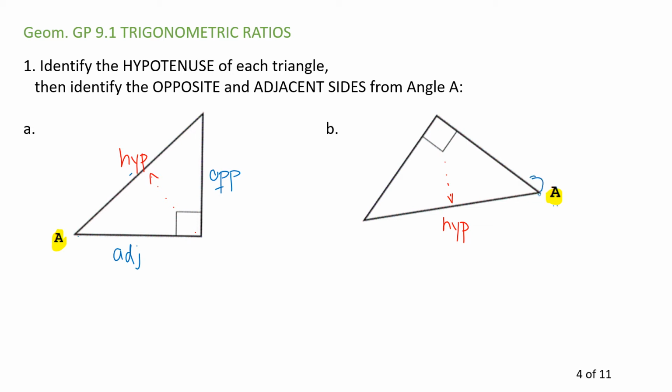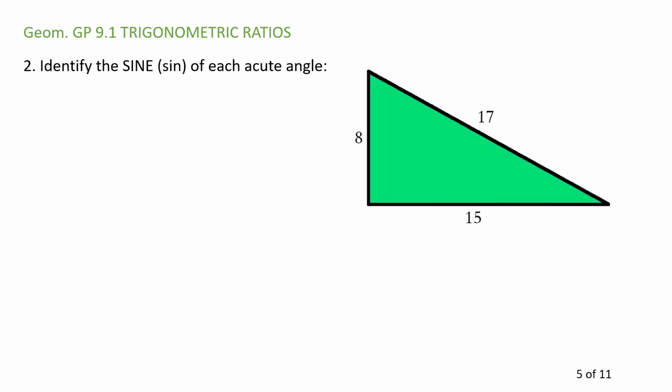That means this side right here is attached. It's the adjacent side. And then the side that's over on the other side becomes my opposite side. Keep in mind that if you switch positions and move to the other corner, then the definitions of opposite and adjacent will reverse. It depends on where you're standing.